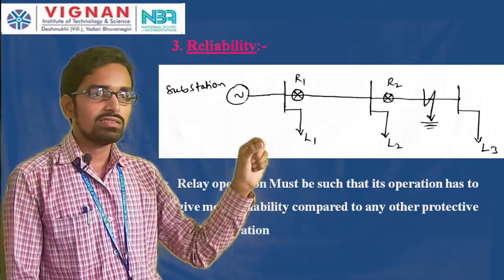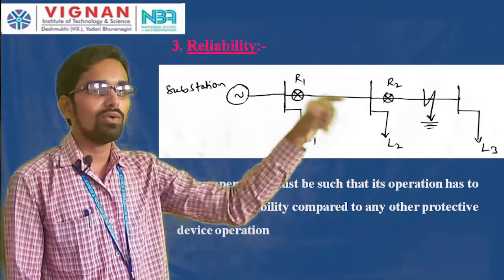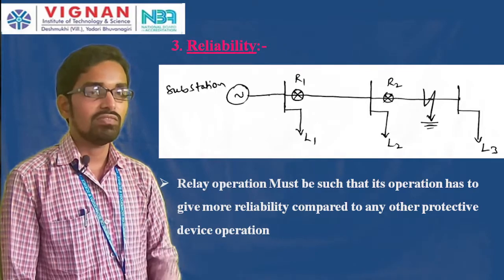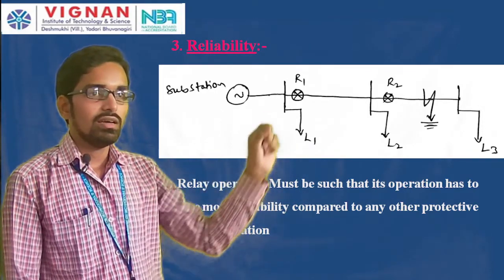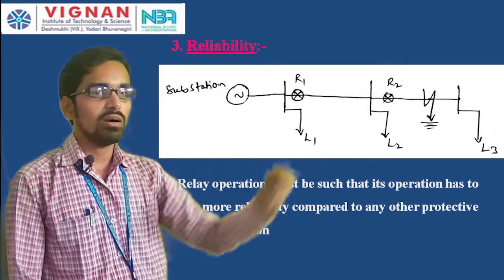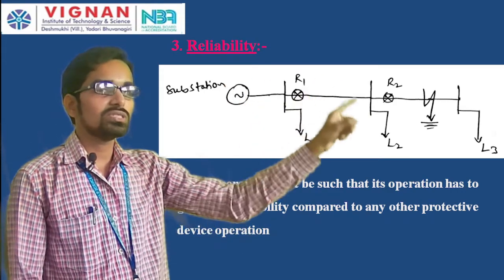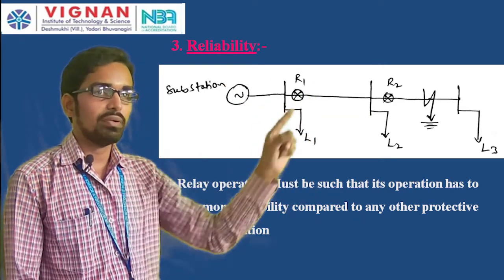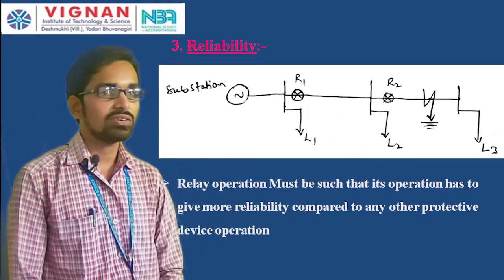There are 3 loads, so which load has to be disconnected if the fault has taken place? With the help of which relay do we have to operate? The operation of relay 2 will give a reliable operation. If you operate relay 1, the 2 loads L2 and L3 are going to be disconnected.